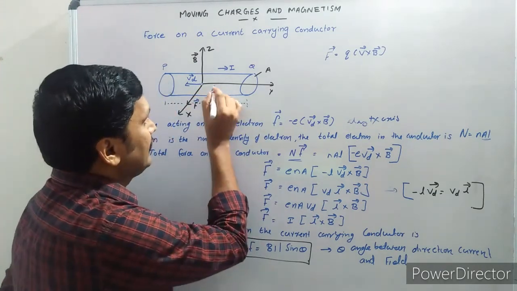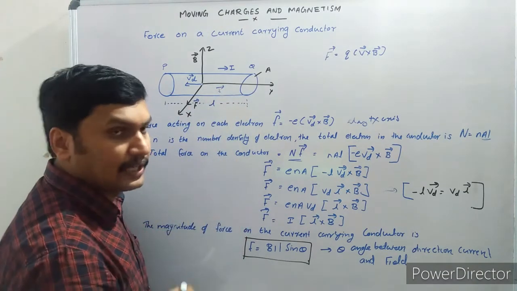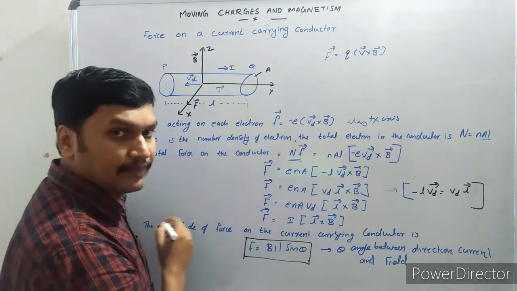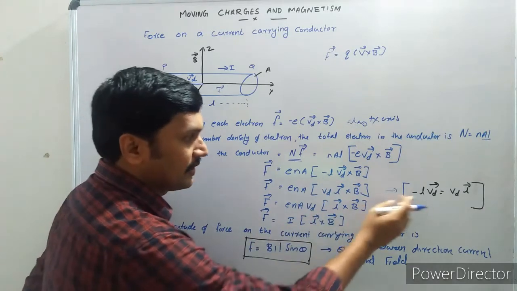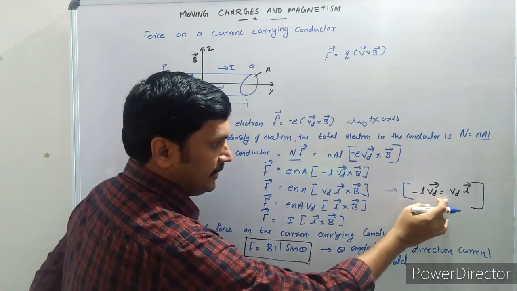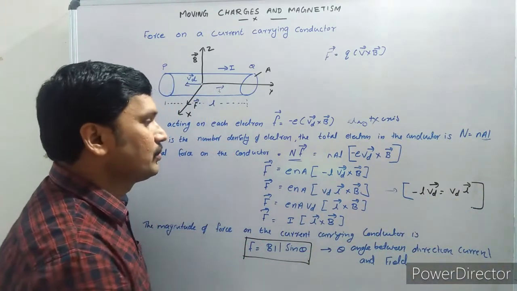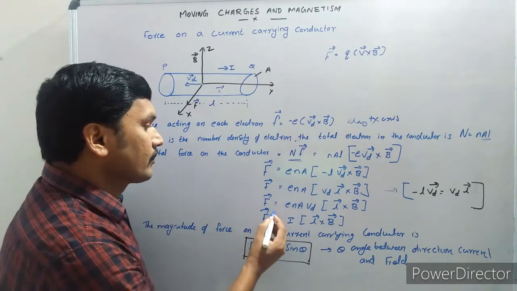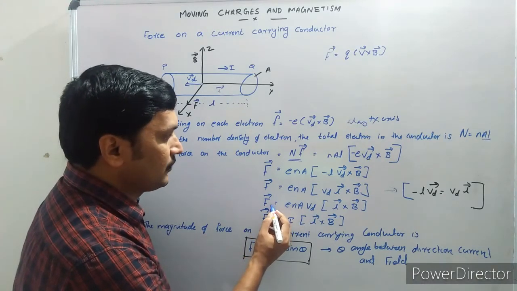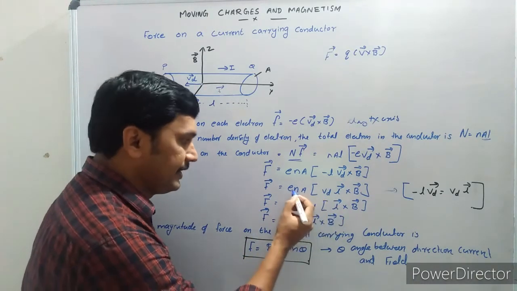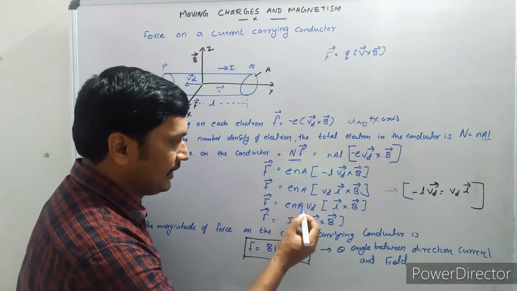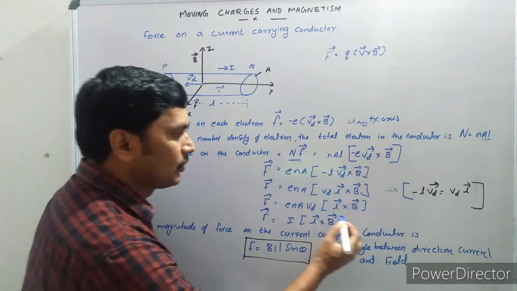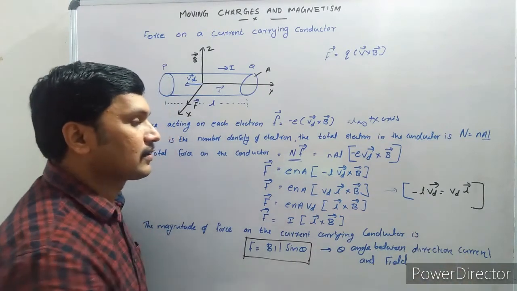The direction of L is this, and the direction of Vd is this one. They are opposite in direction. So we can write minus L into Vd is equal to Vd into L. Now the vector F is equal to, taking this Vd outside, e n A into Vd into, inside the bracket, L cross B.